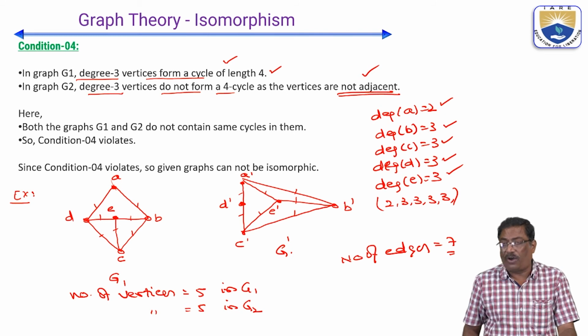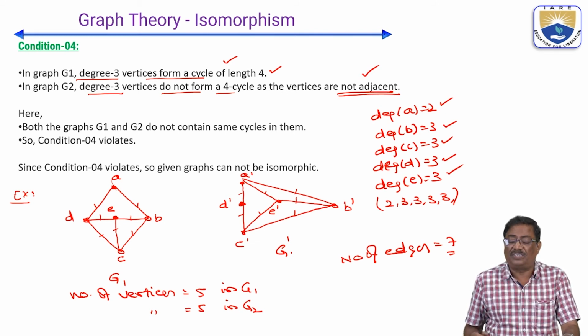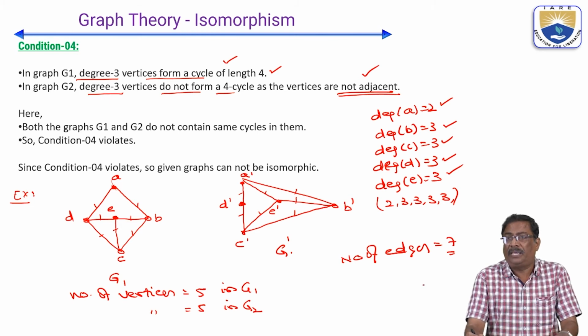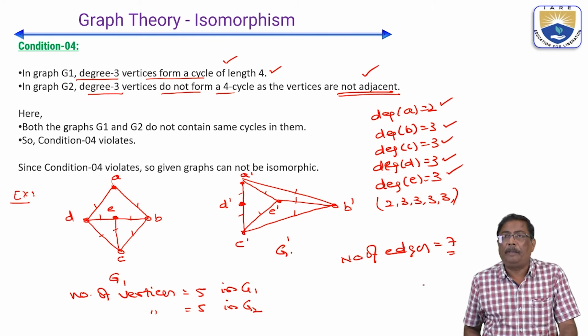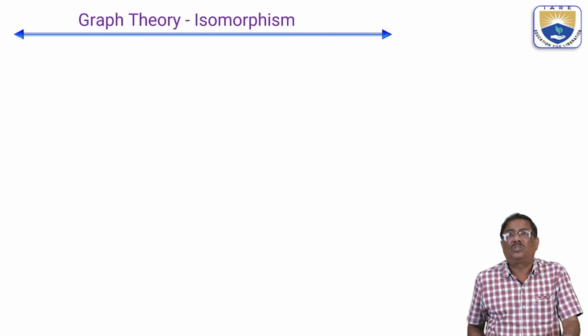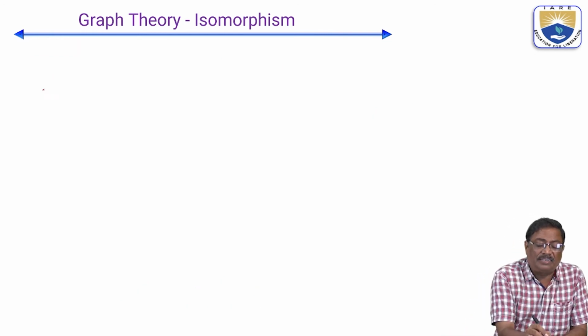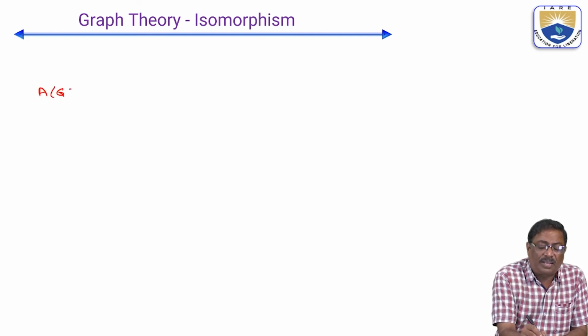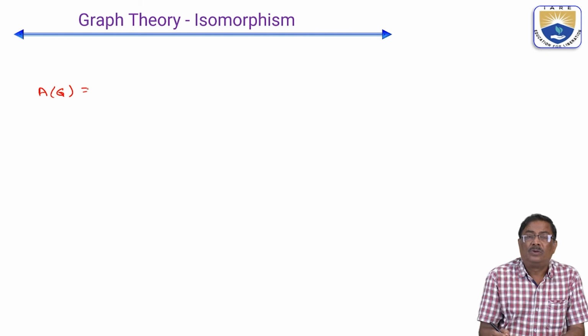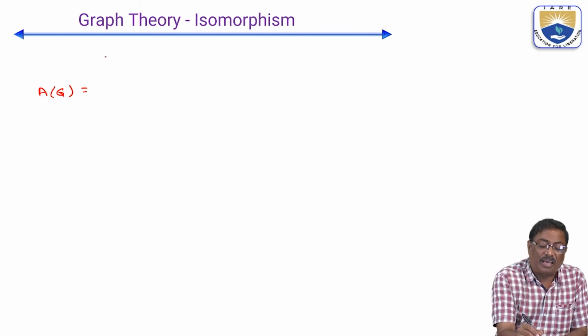Now we are going to verify the sufficient condition, and here we are just going to give the mappings. So let us consider the adjacency matrix of the given graph G. What is the adjacency matrix of the given graph?